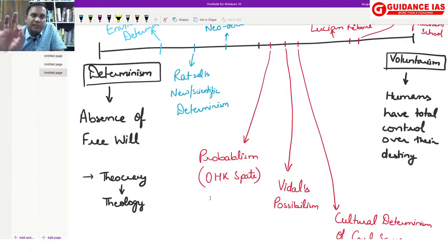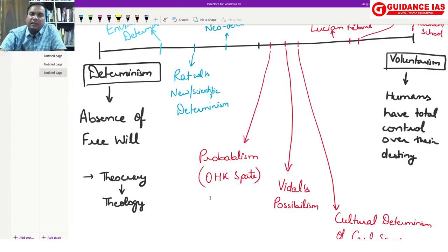When we are saying cultural determinism, it simply implies that human activities would be scientifically explained, or at least scientifically tried to be explained through the cultural phenomena. ठीक है? Or if I am saying economic determinism, I am just trying to establish what?